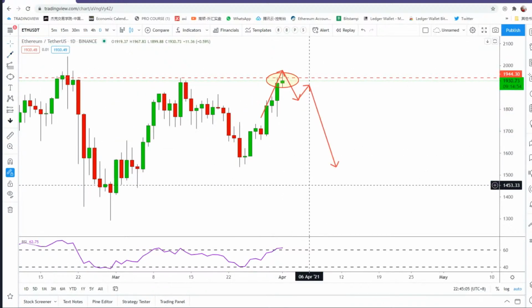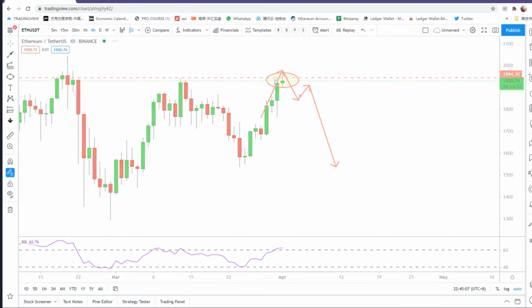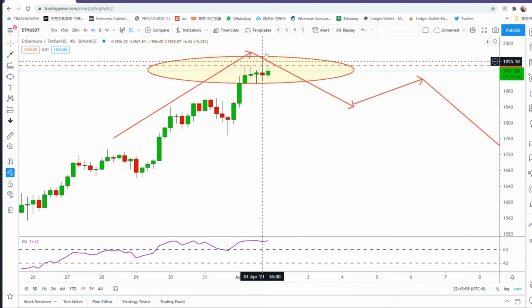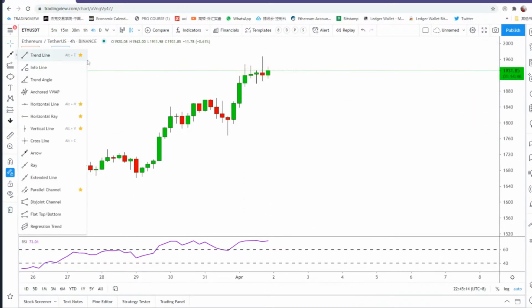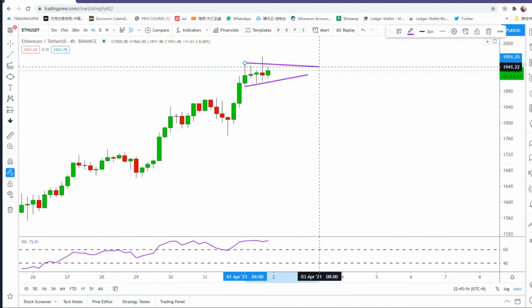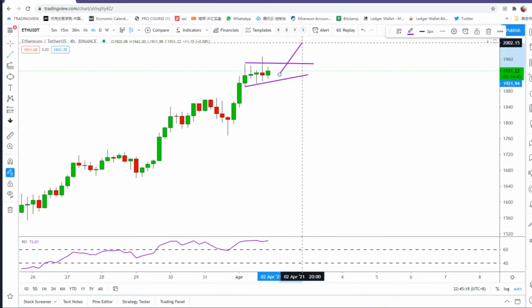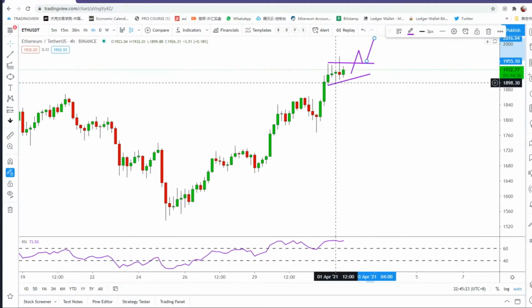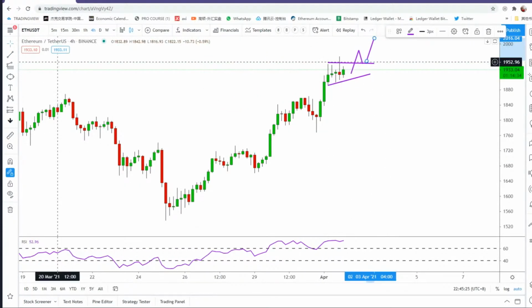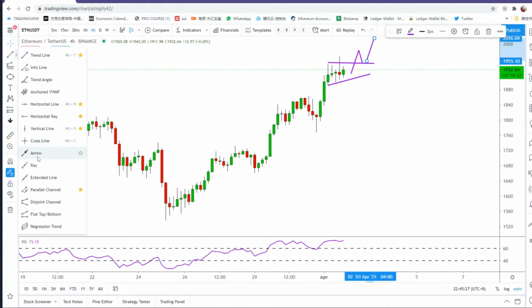On the 4 hour chart, a lot of pin bars come, so just wait for a few more candles. I think the Ethereum will give you direction. After this consolidation, it still can go up. It has short term bullish momentum. However, if the supporting line was broken, it may just flip very fast.